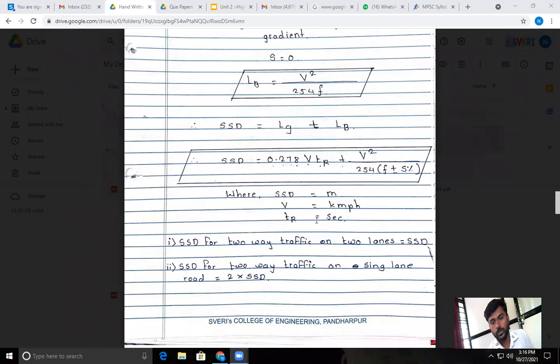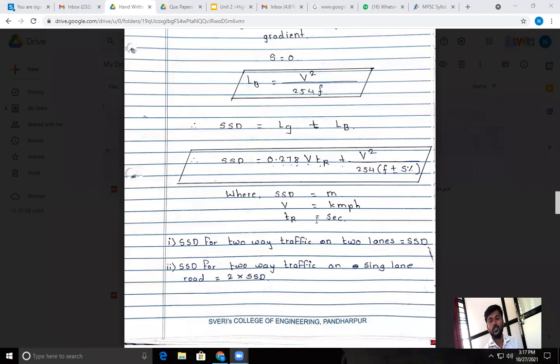Below that, write down a note. SSD for two-way traffic on two lanes is equal to SSD. Means if there is two-way traffic and the road is a two-lane road, then the requirement is SSD only.